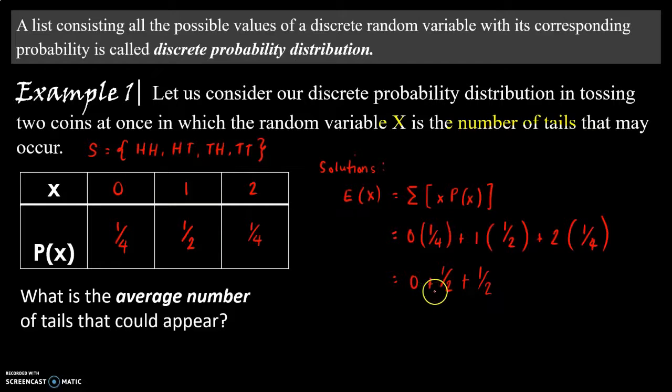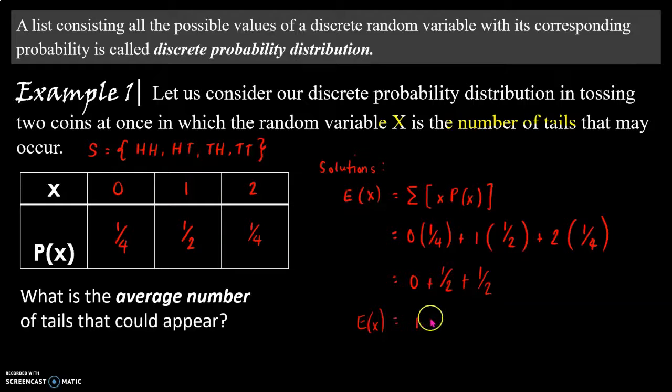Adding 0 plus 0, 1/2, and 1/2, we have 1. Meaning to say that the average number of tails that could appear is 1.